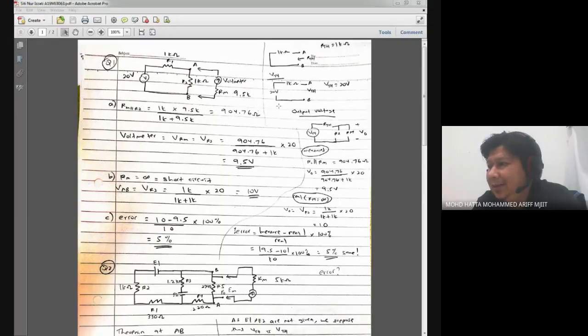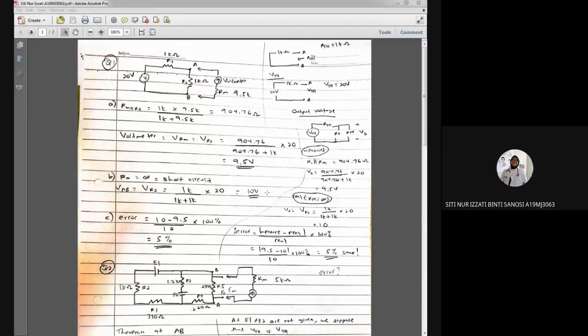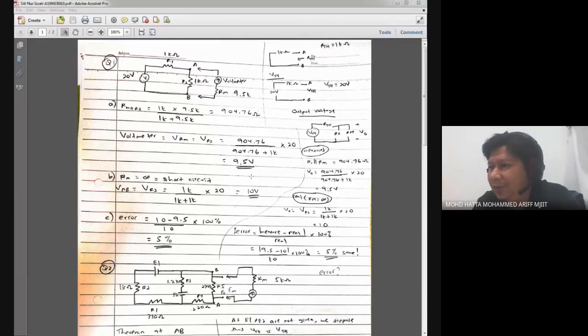I see. But I think the one that you wrote on the right hand side is the proper way to answer this question. The one on the left is not proper, on your left hand side over here, Rm in parallel with R2.